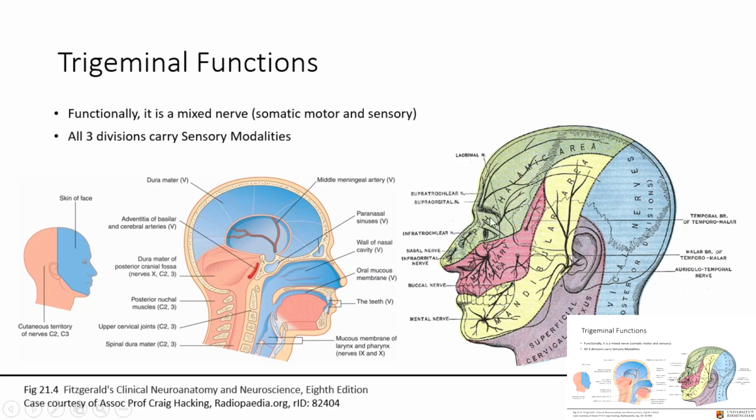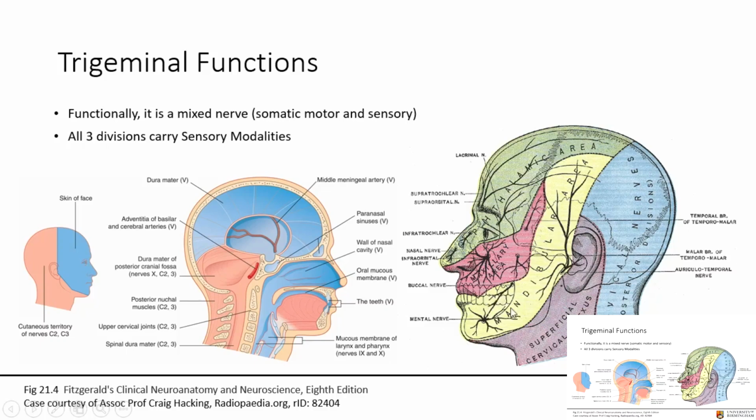It will be the forehead, the eyes, the superior eyelid, the dorsum of the nose. Then we have the maxillary nerve in here that will supply the infraorbital region, the nostrils, cheeks, lower eyelid, and also the upper lip, and a bit of the temporal region there.